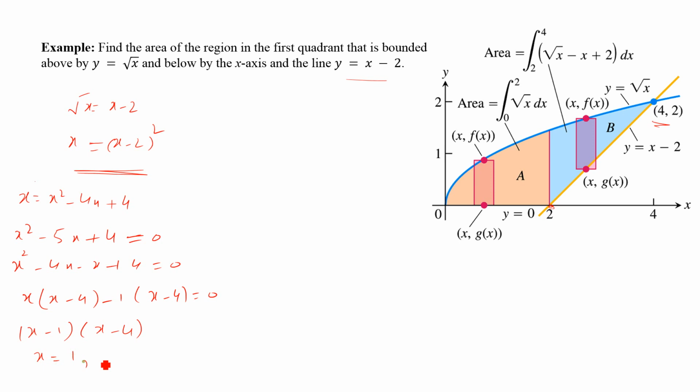We have both the values positive, but if x is equal to 1, somewhere lies here, these two curves do not intersect, right? So the point of intersection of the curves is going to be x equal to 4.